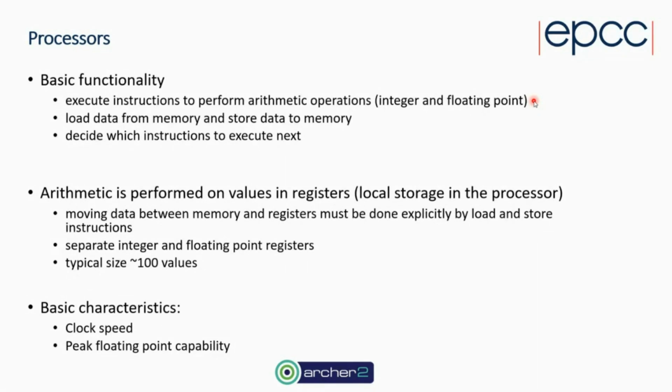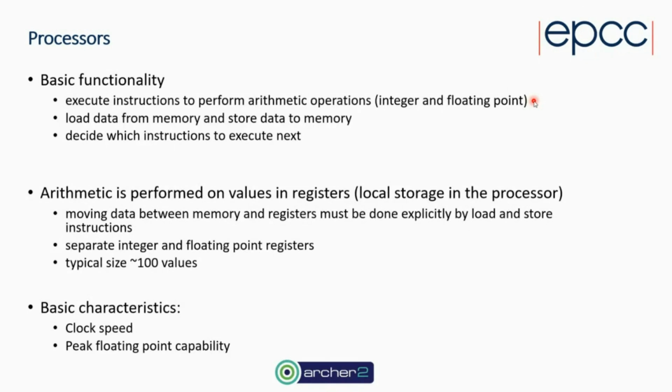Processors vary a lot depending on their instruction set and their particular design, but they also have some basic characteristics which are important, including their clock speed, so how many instructions they can execute per second. For modern processors, 2 or 3 gigahertz would be a normal clock speed.